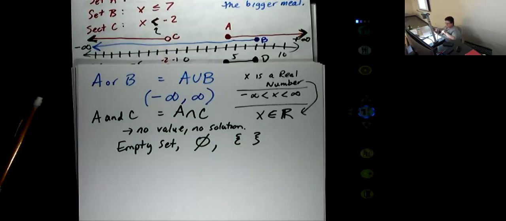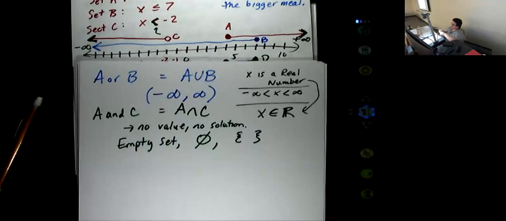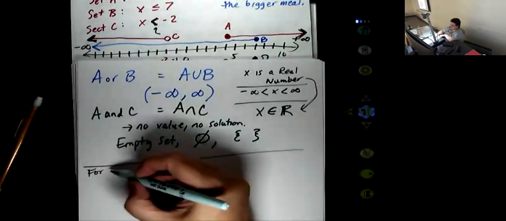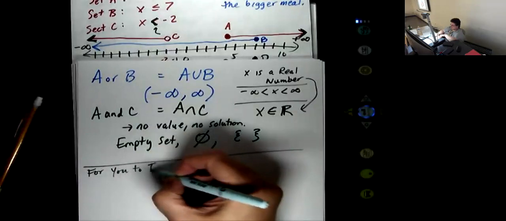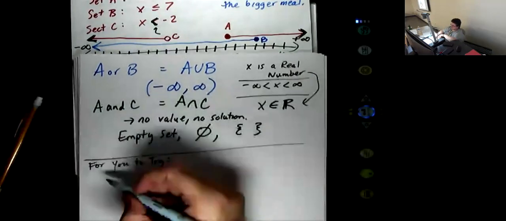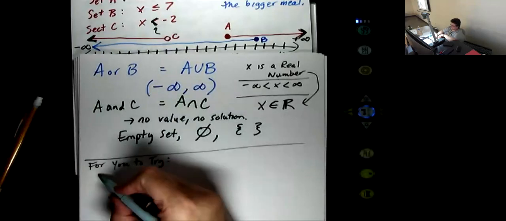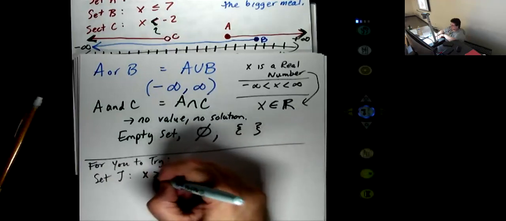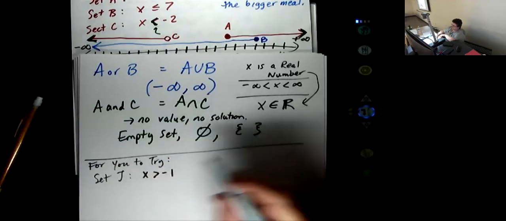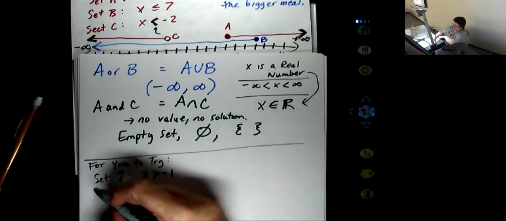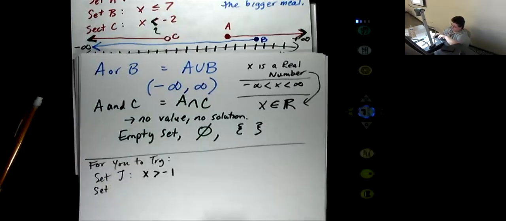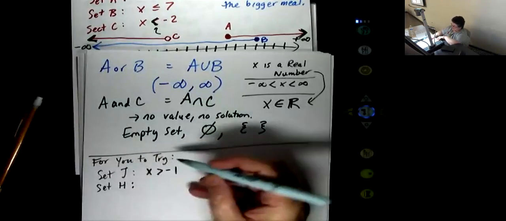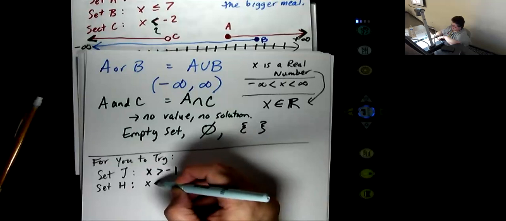Let me give you guys some practice for you to try. Set J will be X is greater than -1. Set H will be X is less than 3.